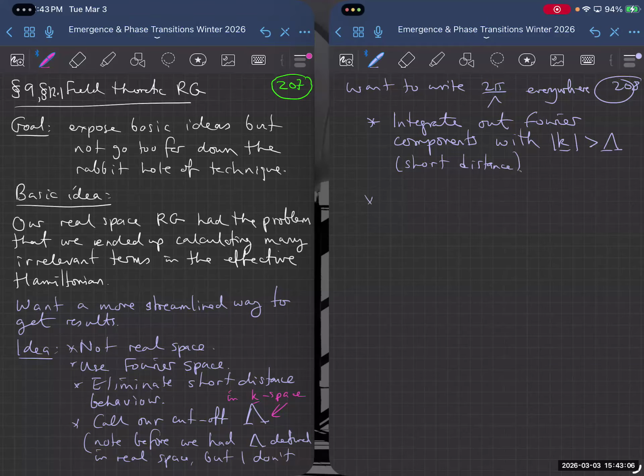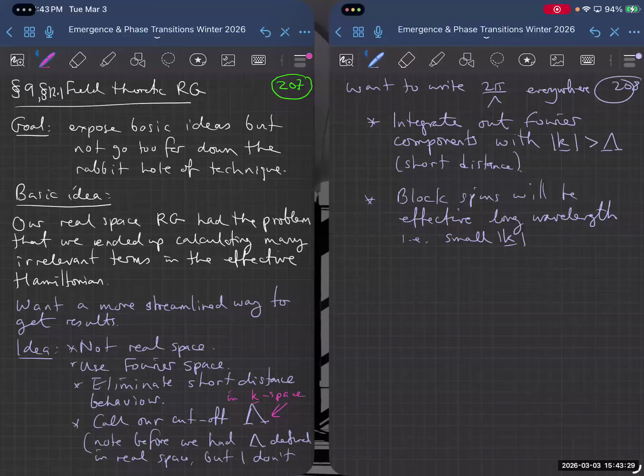And then the analog of block spins will be the effective long wavelength, i.e. small k, Fourier components.